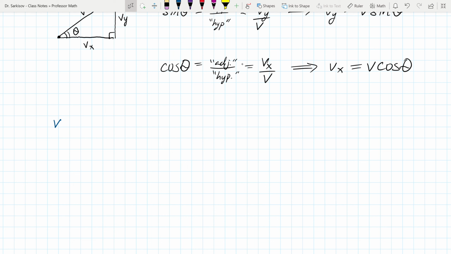In other words, the direction is incorporated in this. But v is equal to the initial velocity, and then how much it changes over time, the slope of it being the acceleration. So plus a t, right? That's the idea of how you find v of t.